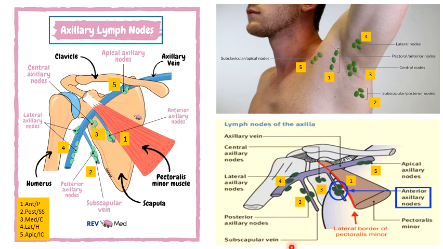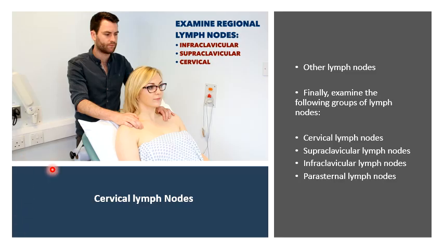So these pictures give you a visual picture of where to look for the lymph nodes in the axilla when you do the axillary examination. Once you have examined the axillary lymph nodes, then you have to go and examine the other lymph nodes, the infraclavicular lymph nodes, supraclavicular nodes, and the cervical lymph nodes, especially the lower cervical lymph nodes, which I have described to you in the examination of the neck and thyroid.